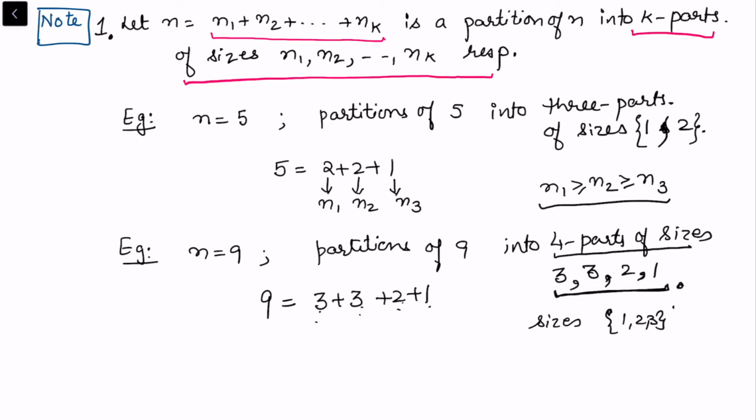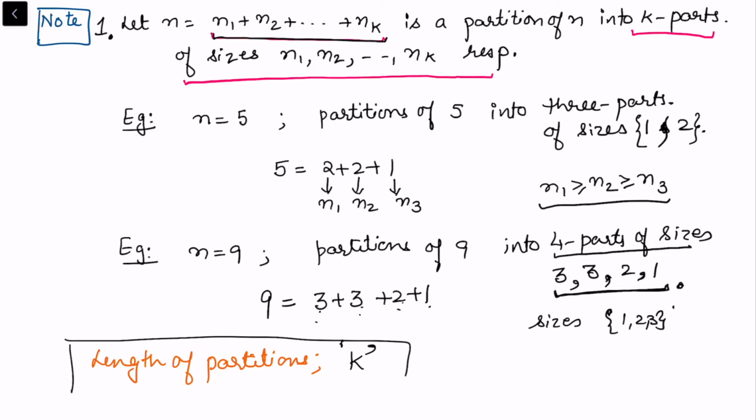So this way we now know the notation of the length of the partition. Length means how many parts there are, and the length of the partition here is k, because we have used k parts in a particular partition. So we have a concept of the length of a partition, into how many parts, and what the sizes of each part are.